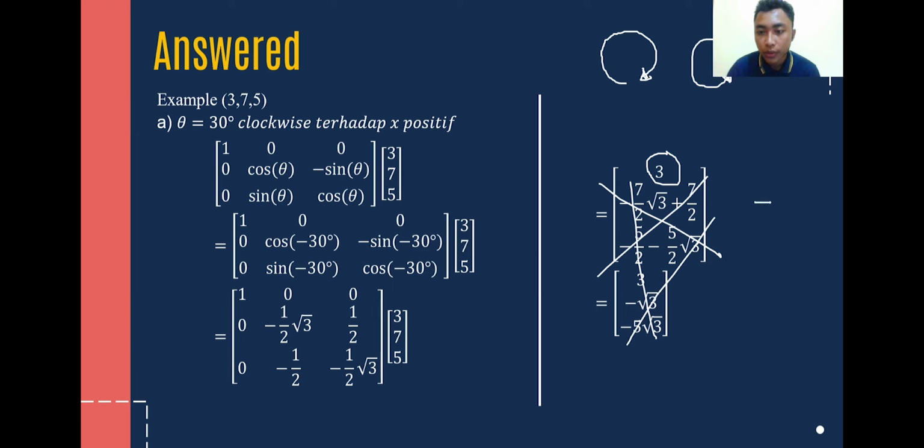The result is 3 minus 7 per 2 root 3 plus 5 per 2, and the next is minus 7 per 2 minus 5 per 2 root 3. The result will be like this.